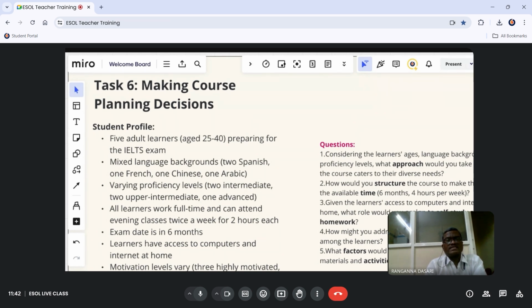According to my experience, I motivate the person who has advanced skills. I make him a junior teacher, assistant teacher to me. And apart from the two intermediate students, whether they were highly motivated or moderately motivated, I check them once. If they are highly motivated, I join them together.